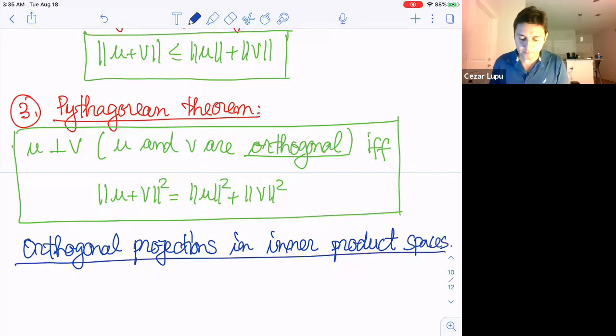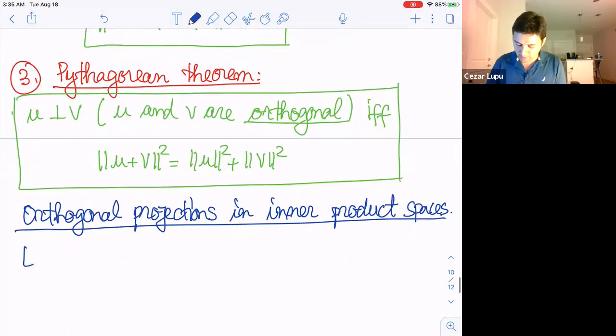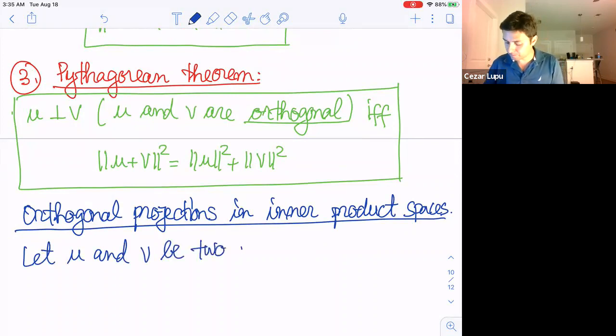Okay. What I'm going to do now, let me consider two vectors. So let u and v be two vectors in R2, in fact. Let's see in the simplest case what happens.